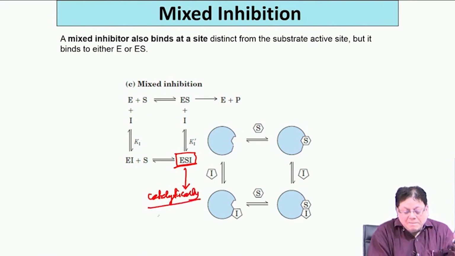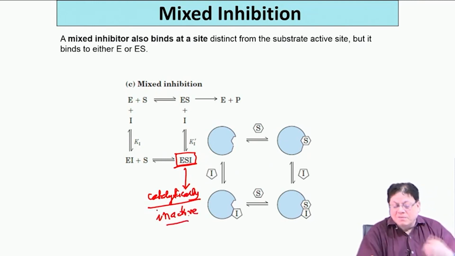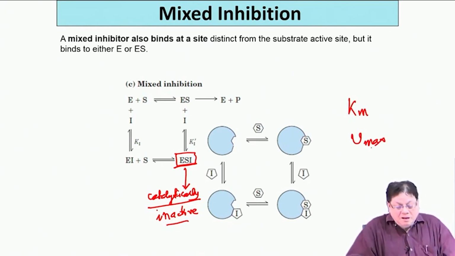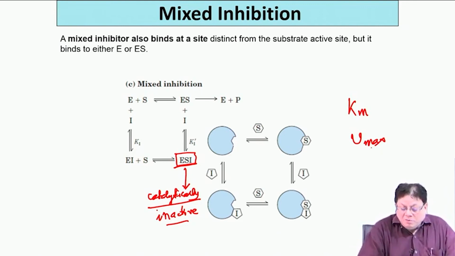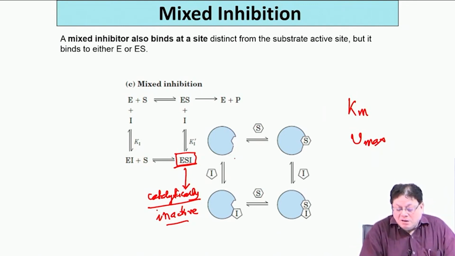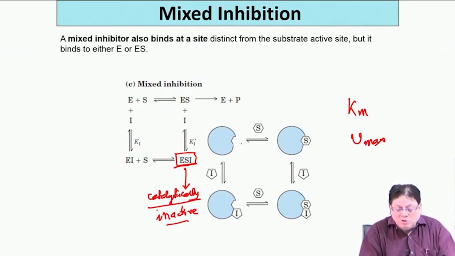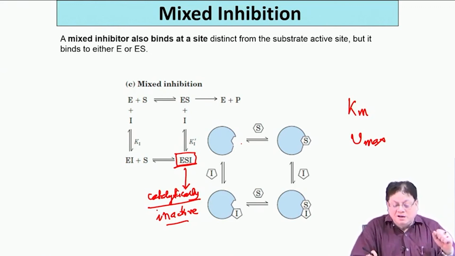Okay. Now, what will happen to that Km and Vmax again? You will see, there is basically no change in concentration, because both the active sites are already present and the bindings are independent of each other.